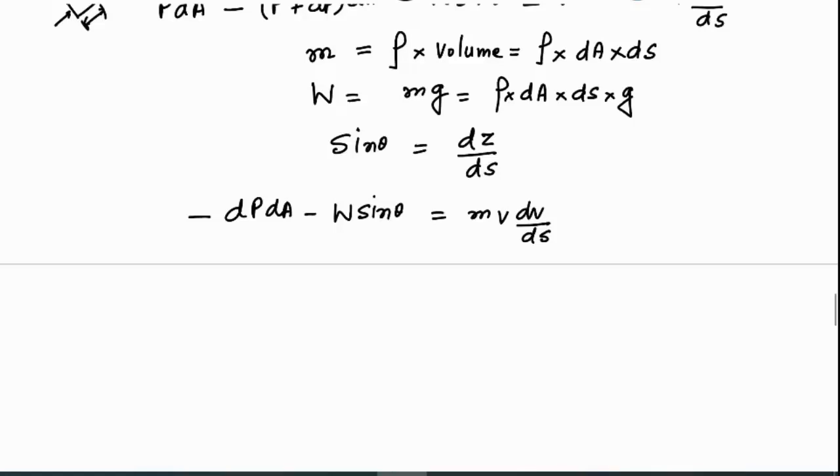What is the final expression after cancelling and putting the values of different terms? Anyone? Am I audible? Yes, sir. Okay, so give me the value.